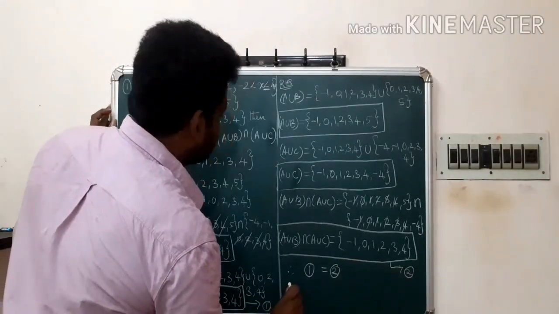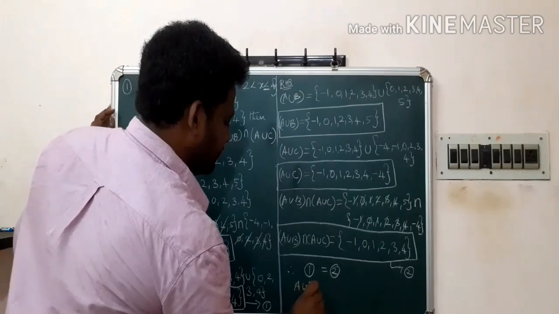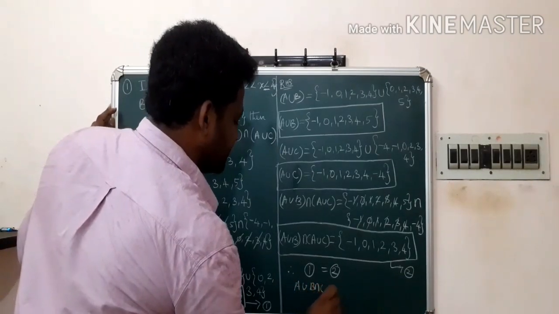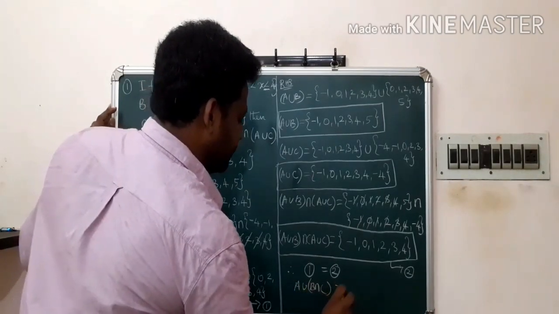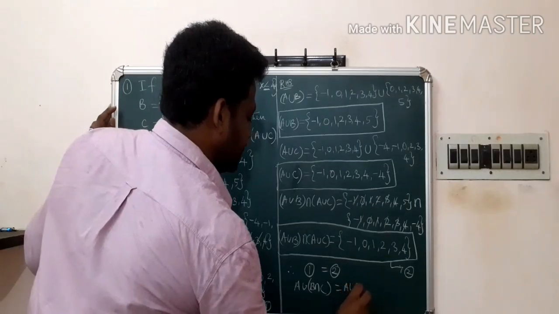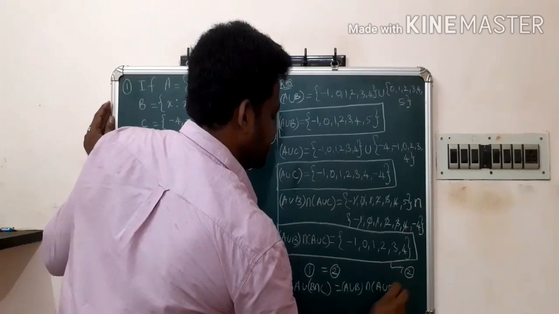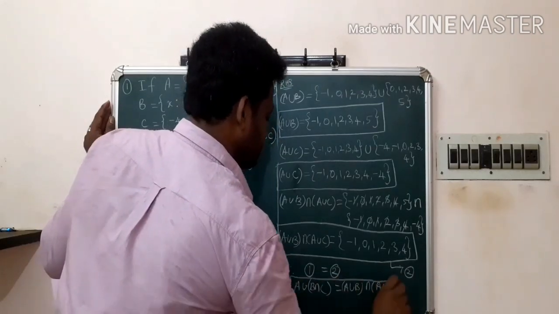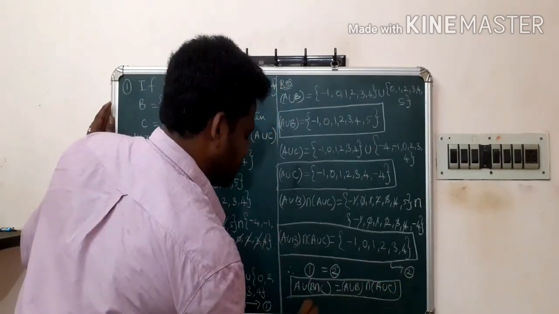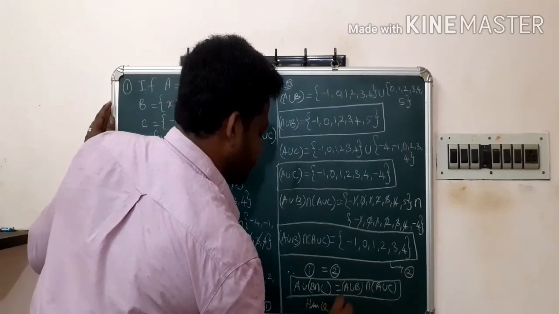Then A union B intersection C is equal to A union B intersection A union C. Hence proved.